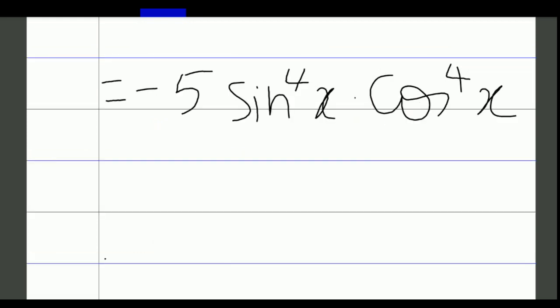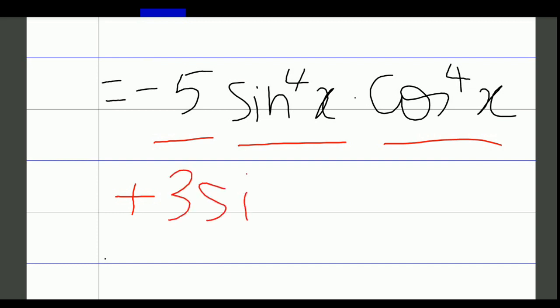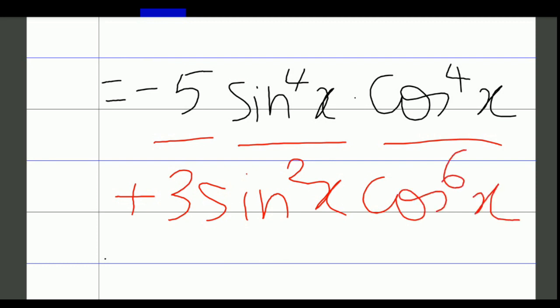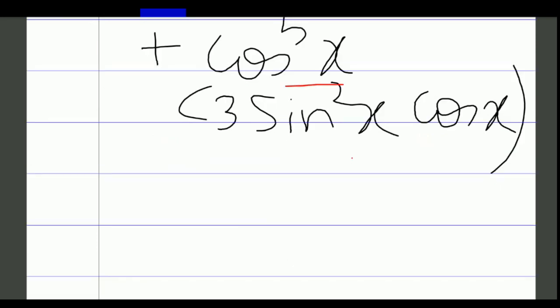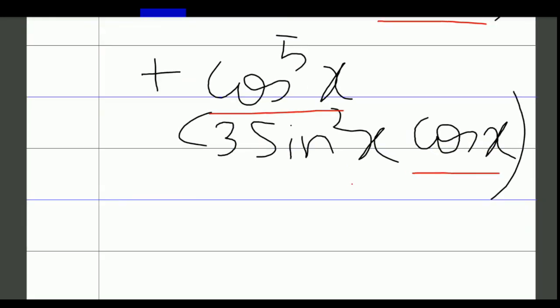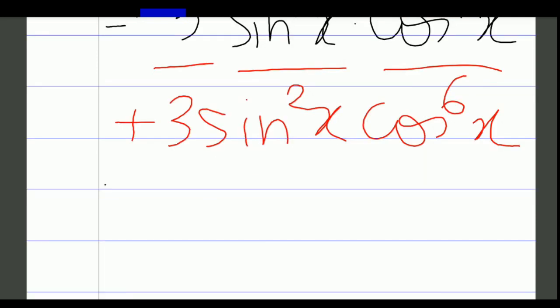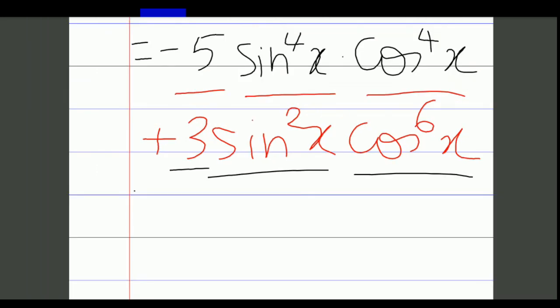Now plus 3 sin square x into cos raised to 6x. As you can see here, cos raised to 5x and cos x are multiplied, so cos raised to 6x, and 3 and sin square x, so it becomes 3 sin square x cos raised to 6x. This is the final answer.